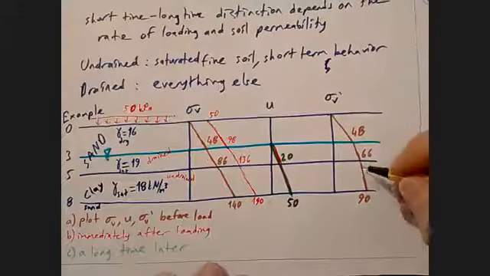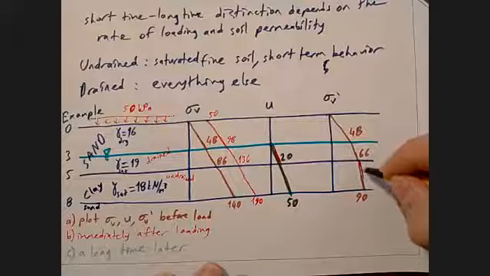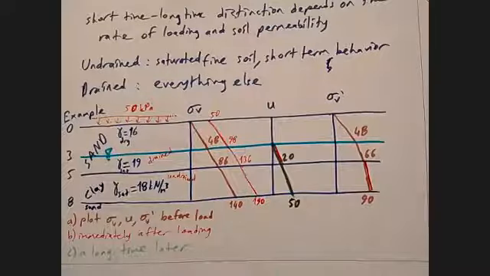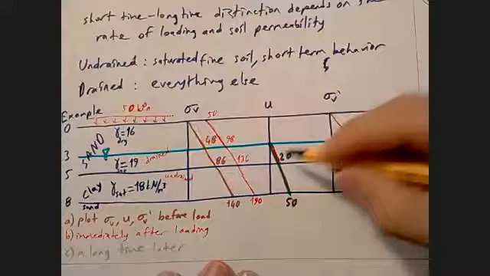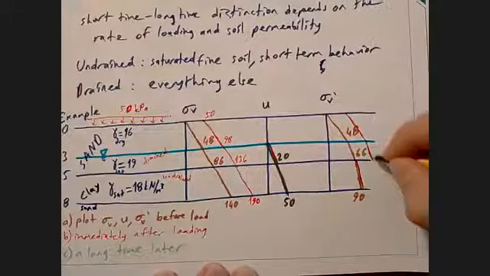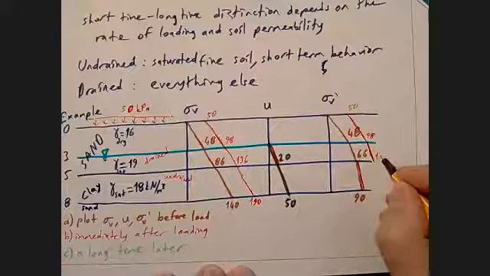That means my effective stress is going to be constant. So I can figure out the rest from this. This goes up by 50. The water pressure didn't change here, so all the stress increase is taken by my effective stresses. So I have 50 here, 98 here, and 116 here.